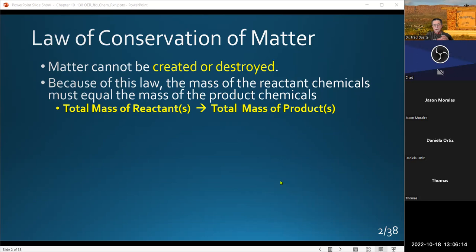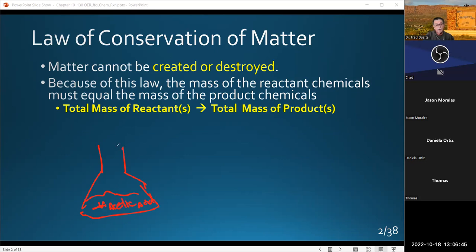I can't do it here, but basically it involves baking soda and vinegar in a special flask, an Erlenmeyer flask. Let me demonstrate that. We will have an Erlenmeyer flask with some acetic acid, aka vinegar. I'll just say acetic acid.